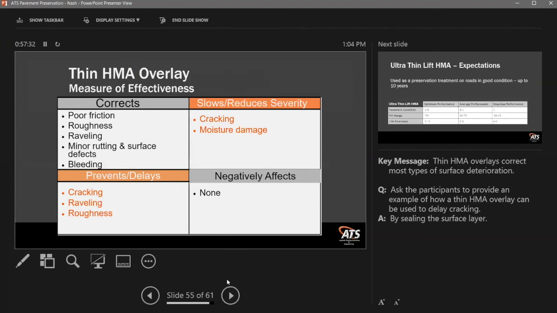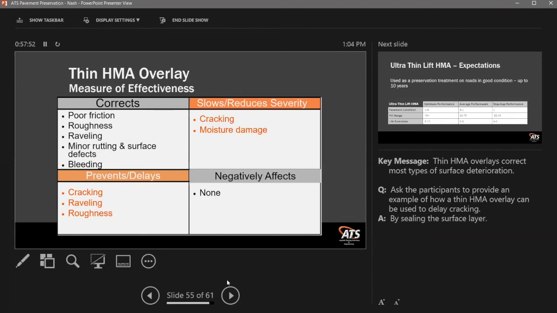So with the thin lift overlays, you're looking at correcting some poor friction and some roughness problems. You can level out any of the issues with any minor rutting and surface defects, and if you have some bleeding, this will help dry up that bleeding that's underlying it.